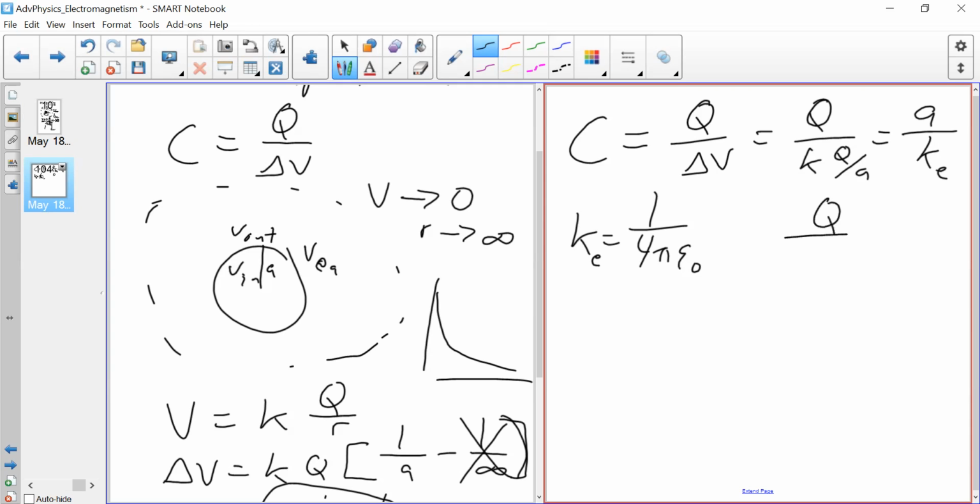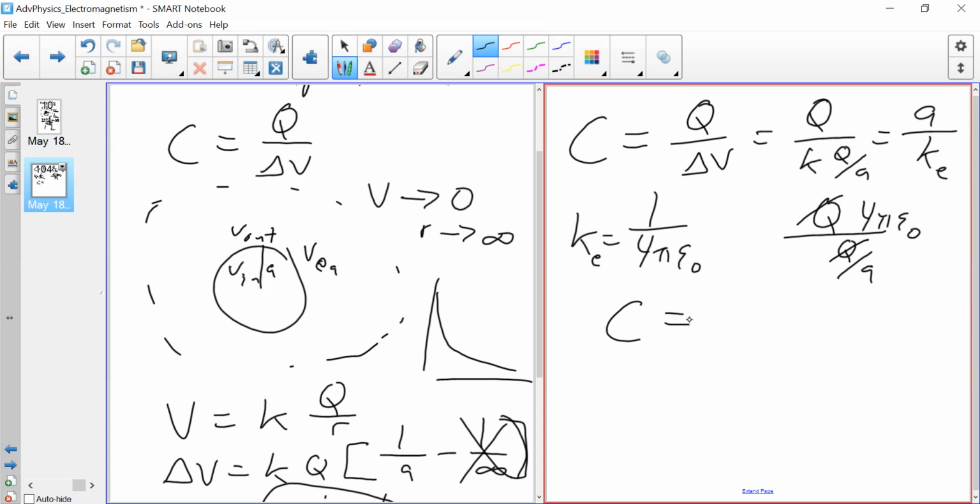I just cut out the middleman here, so 1 over K is basically 4 pi epsilon naught, and this is Q over A. I'm basically just going past this point, but these are going to cancel out, and this is going to flip up.